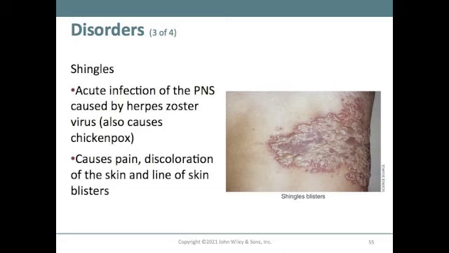So let me give you a little bit of background on this. The herpes virus lives inside of your nervous system. And herpes zoster in particular, we're talking about herpes zoster. There's a number of different strains of herpes out there, but whatever strain it is, it's going to live in your nervous system. Herpes zoster, chickenpox, is really just a form of the herpes.